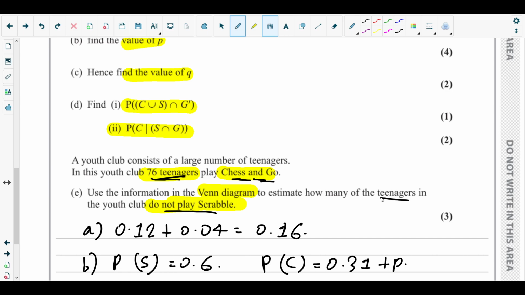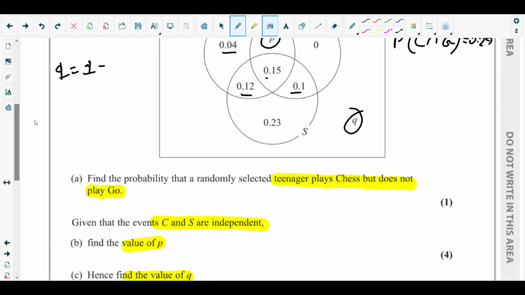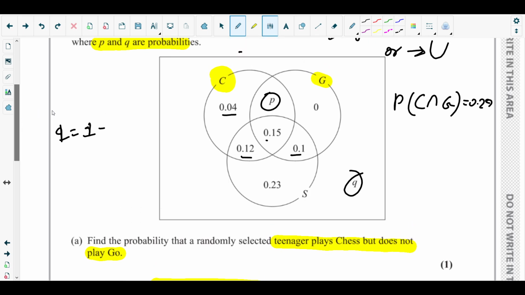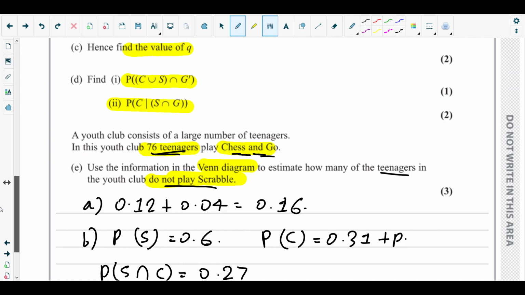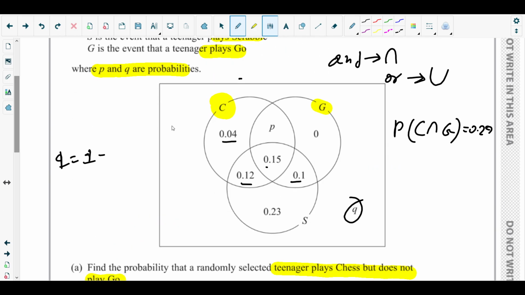So we will not need to consider only the intersection of C and G. We have to consider, as a whole, how many are not playing Scrabble, because they wanted how many of the teenagers in the youth club do not play Scrabble.